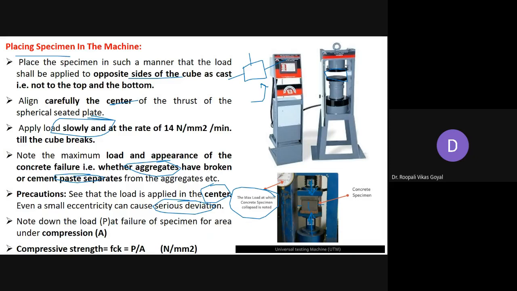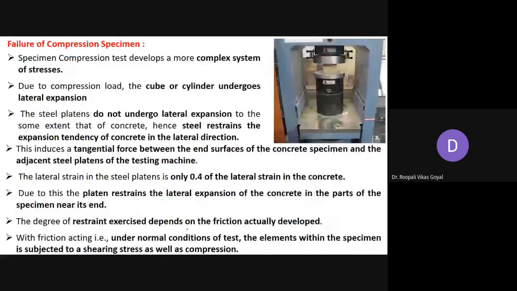As you know, the size of the specimen is 15 by 15 centimeter, so the area under compression is 15 by 15 centimeter square. The load at failure divided by the area under compression, load by area, will give you the compressive strength of concrete in Newton per mm square. So this is how you can check the compressive strength of concrete.